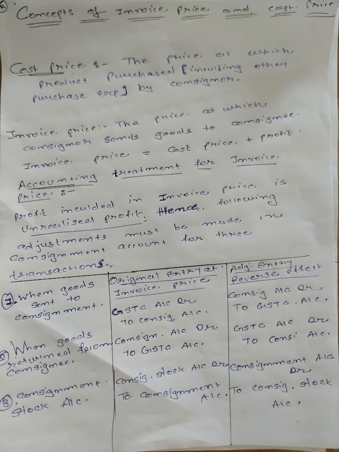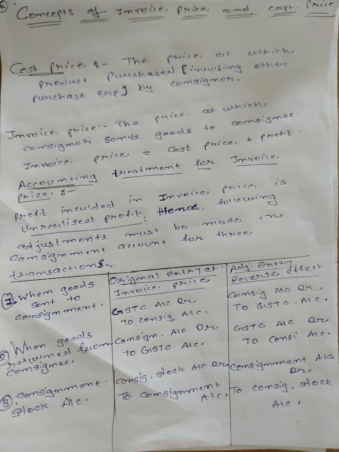Now, how will you give accounting treatment for this cost price and invoice price? Understand one thing. If in the sum there is an invoice price, you must give journal entries with the effect of invoice price. That means whenever you post journal entries for consignment transactions, those entries must be with invoice price.